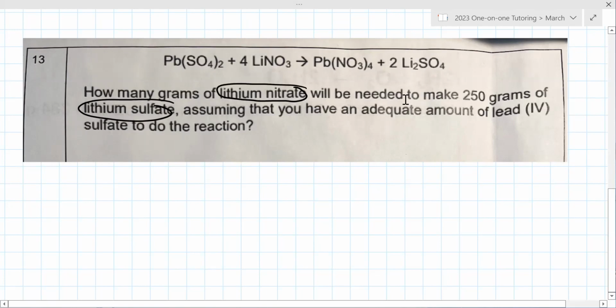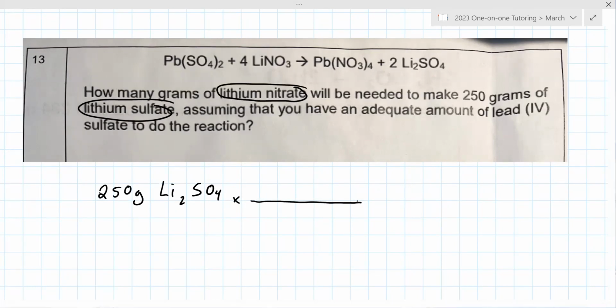So you always start with the given quantity, 250 grams Li2SO4, times lead. So we've got to get the molar mass of this. See if you can calculate that on your own. I will also calculate it and we can compare results.